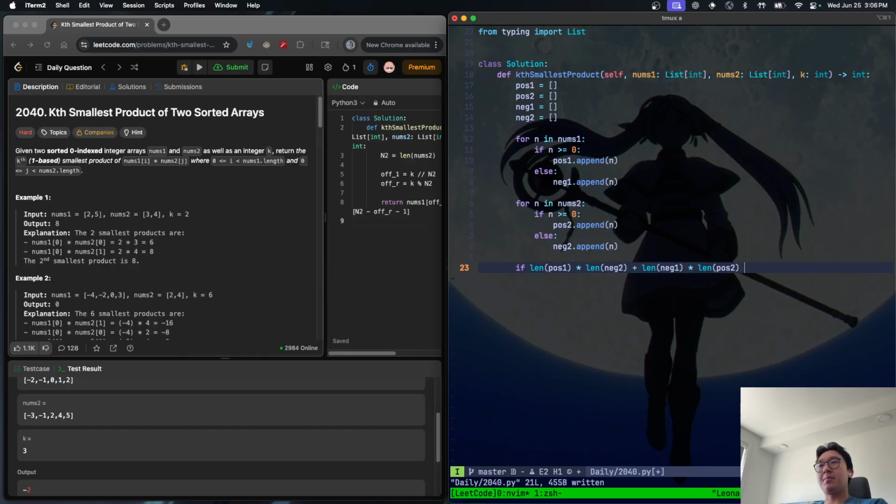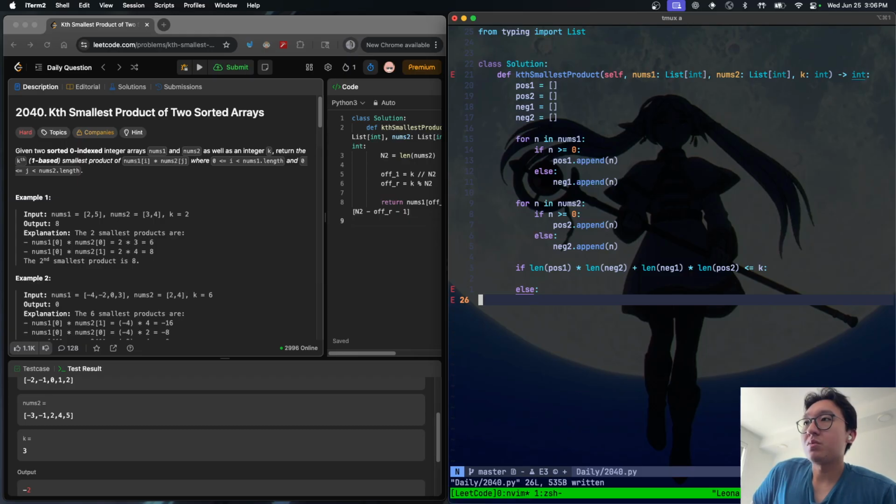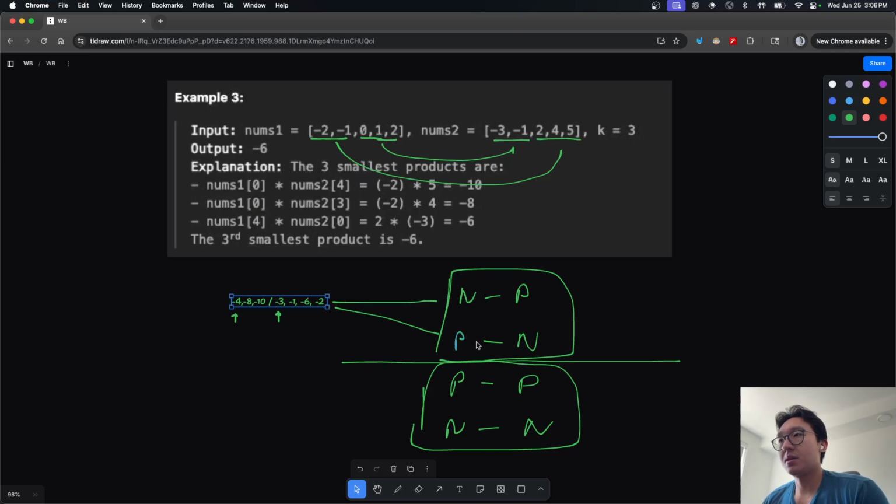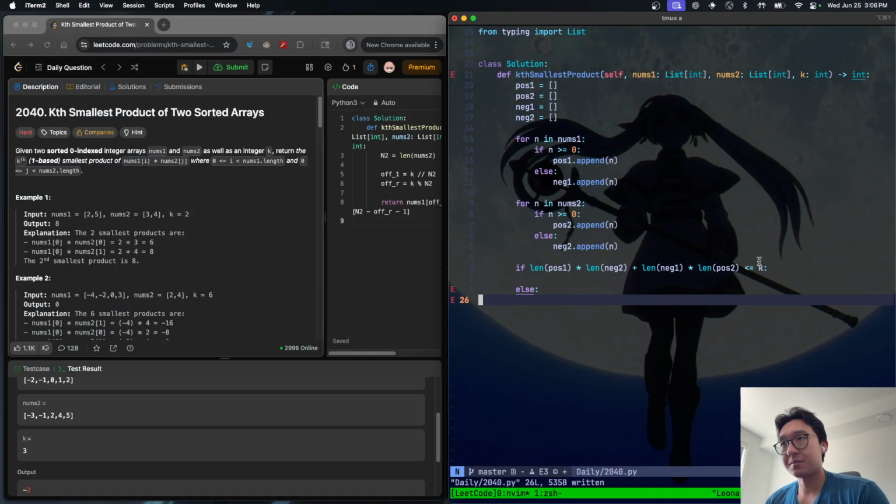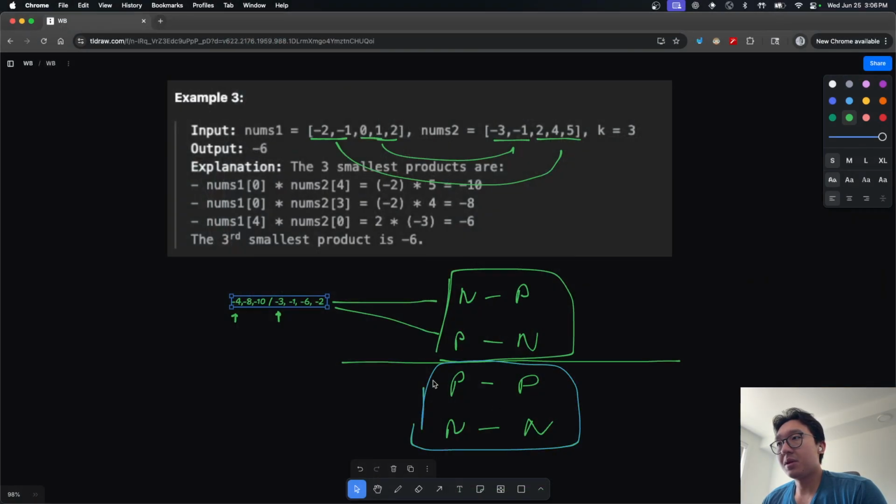If that's smaller or equal to k, that means it's in this first group, else in the second group, right? I can do this, okay. Otherwise it's going to be either positive-positive or negative-negative, right?